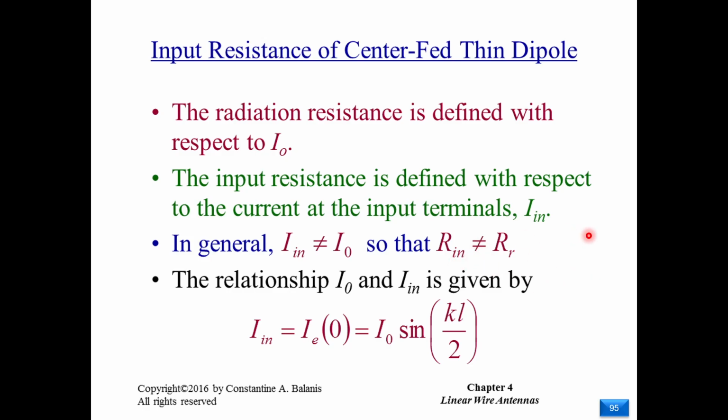And here we have a quick note about the difference between R input and R radiation. We discussed this before. In general, they are not equal to one another, because in many cases I_in doesn't equal I naught.